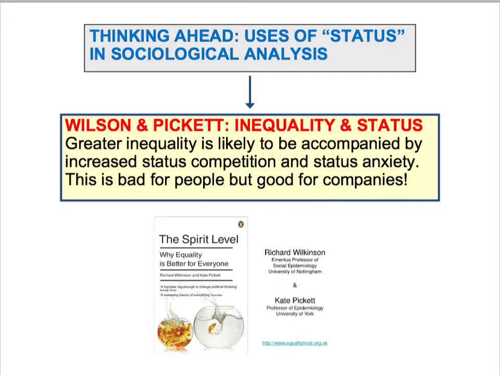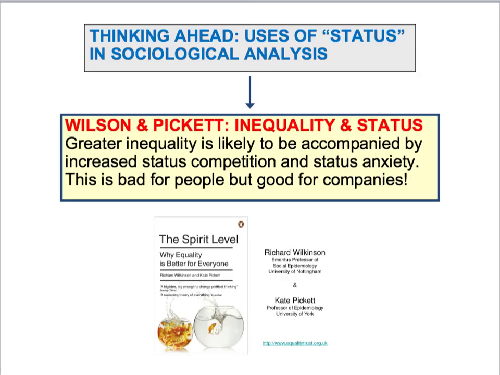And the reason that inequality is such a bad thing for society, according to Wilkinson and Pickett, is mainly because they believe that it makes status differences much more extreme and salient, and this generates a higher level of insecurity about our worth and about where we stand within the social hierarchy.